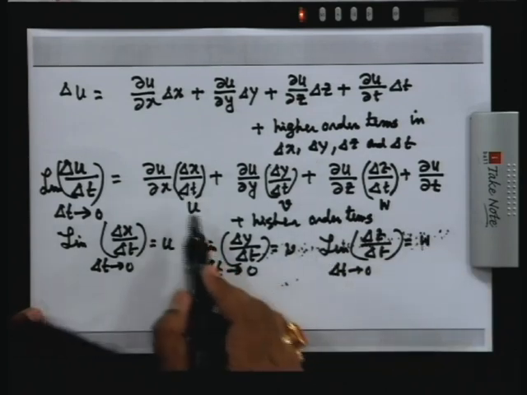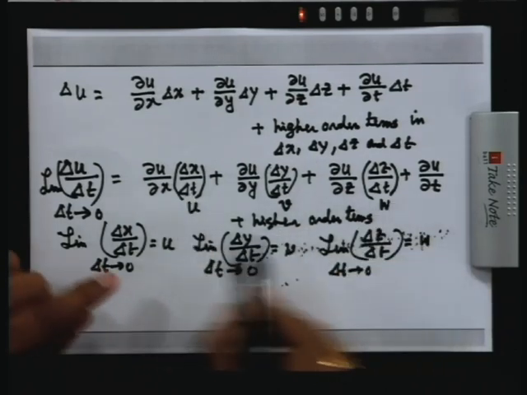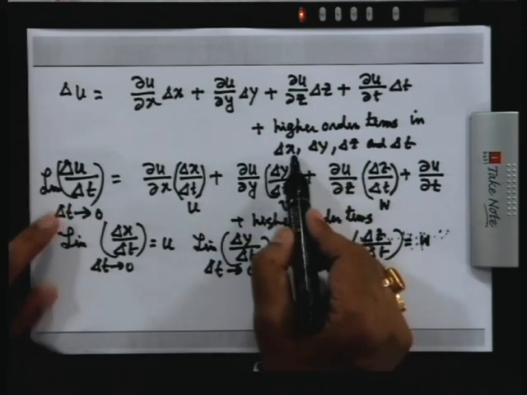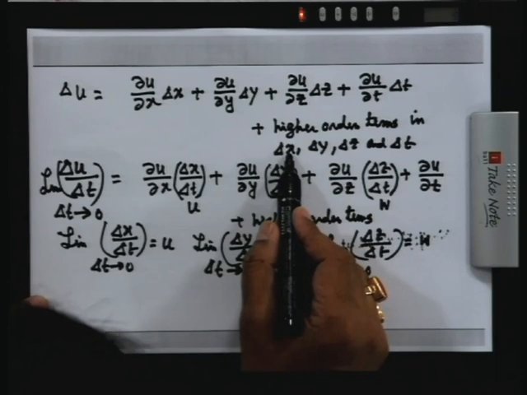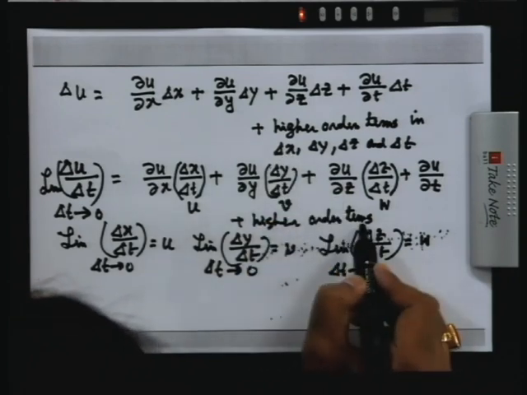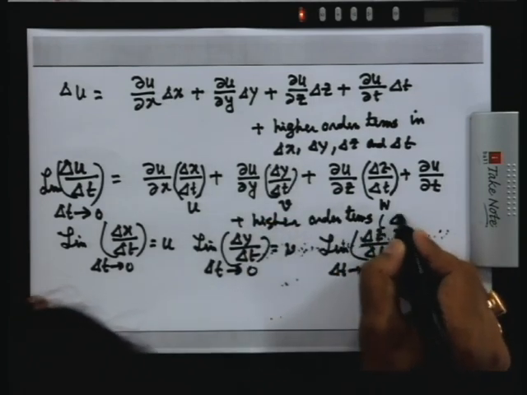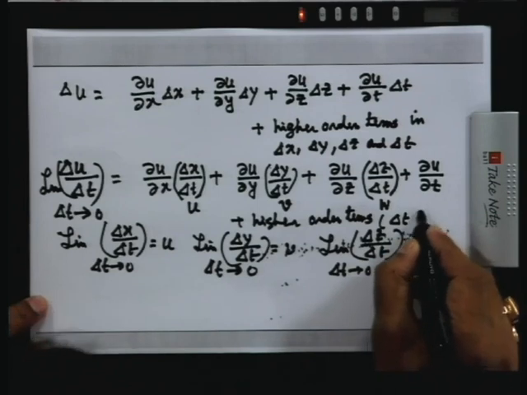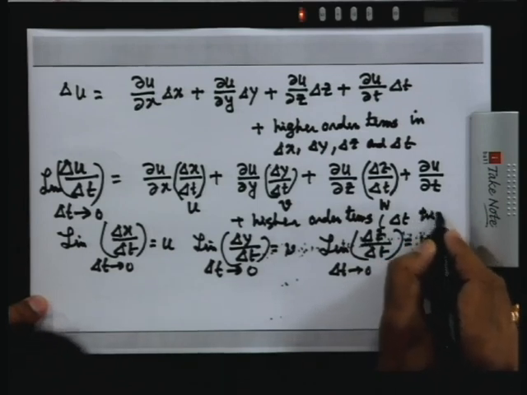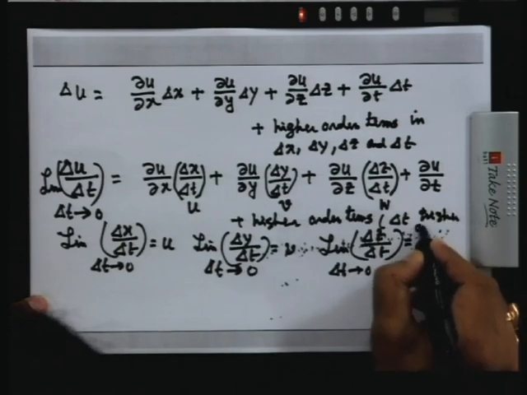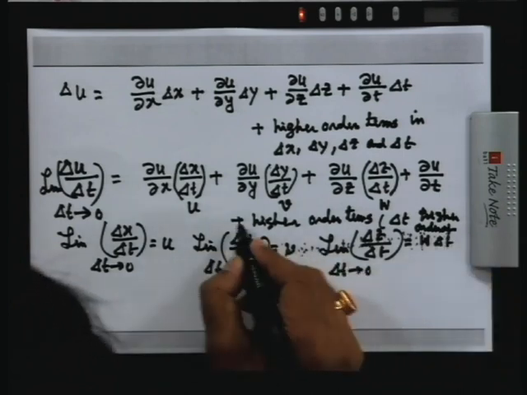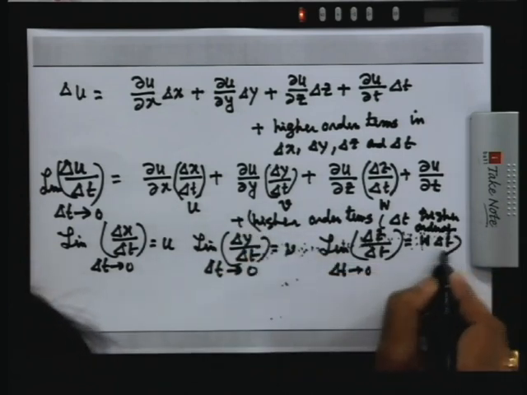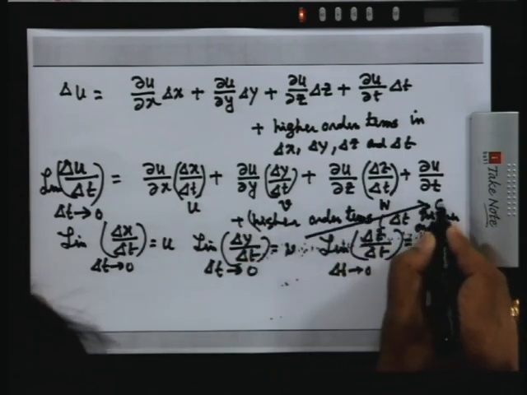Now, when we write this u, v, w, these higher order terms will be divided by delta t, and when we write delta x as u delta t, these higher order terms will contain higher orders of delta t. When we take the limit as delta t tends to 0, this becomes 0.